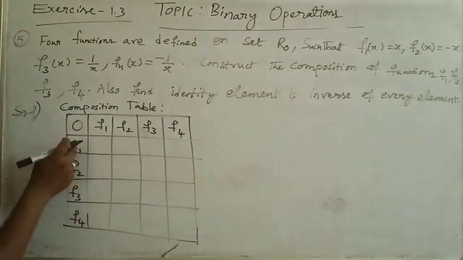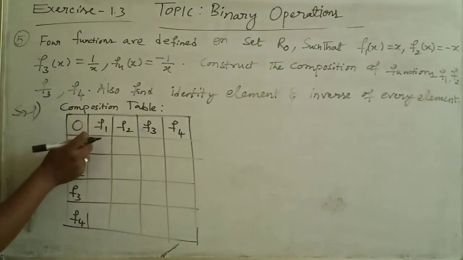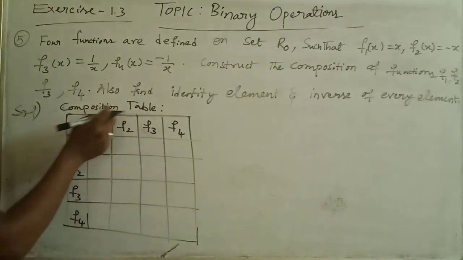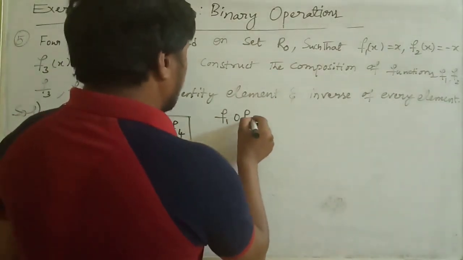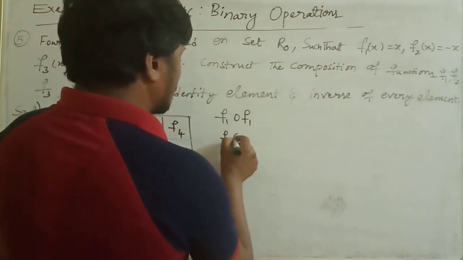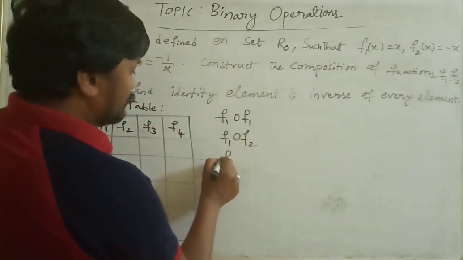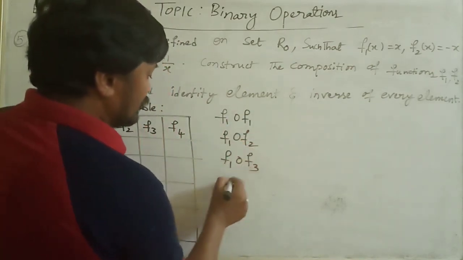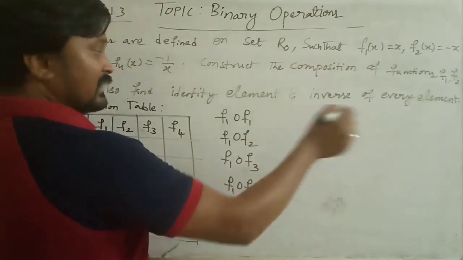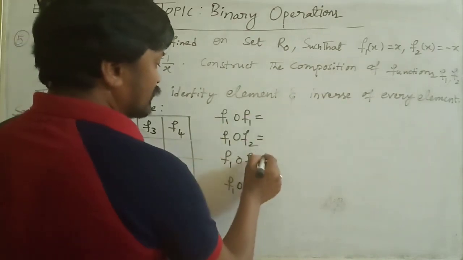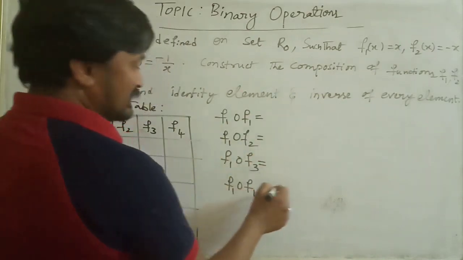So first row: f1 circle f1, f1 circle f2, f1 circle f3, f1 circle f4. I'm writing everything in one step itself, but you don't write in this way, you need to write step by step.